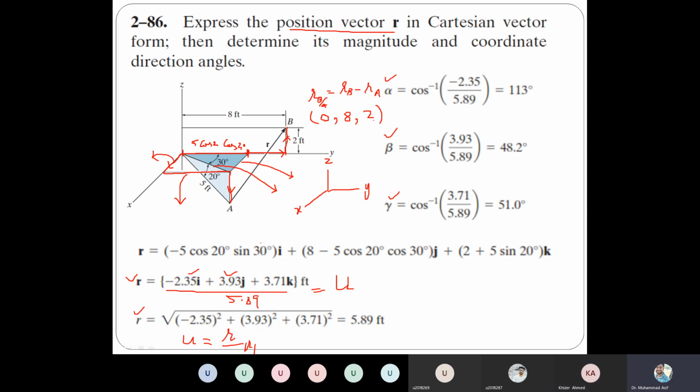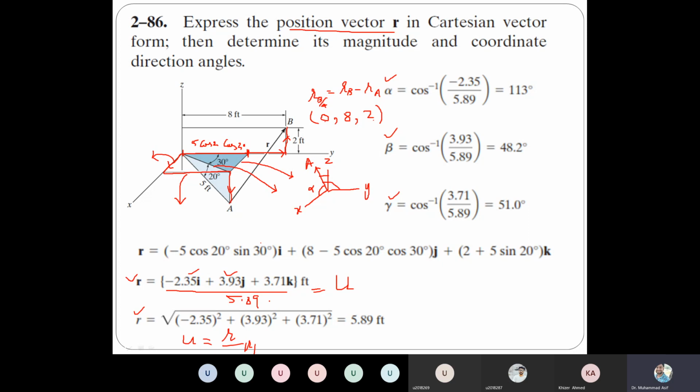Let's say this is our a vector. I'm taking a generic one, instead of u, let's say a. So we know the definition of alpha: for any vector a, alpha means the angle with the x-axis, beta with the y-axis, and gamma with the z-axis. Similarly, if you have a position vector, this is our unit vector: minus 2.35 divided by 5.89 I plus 3.93 J divided by 5.89.